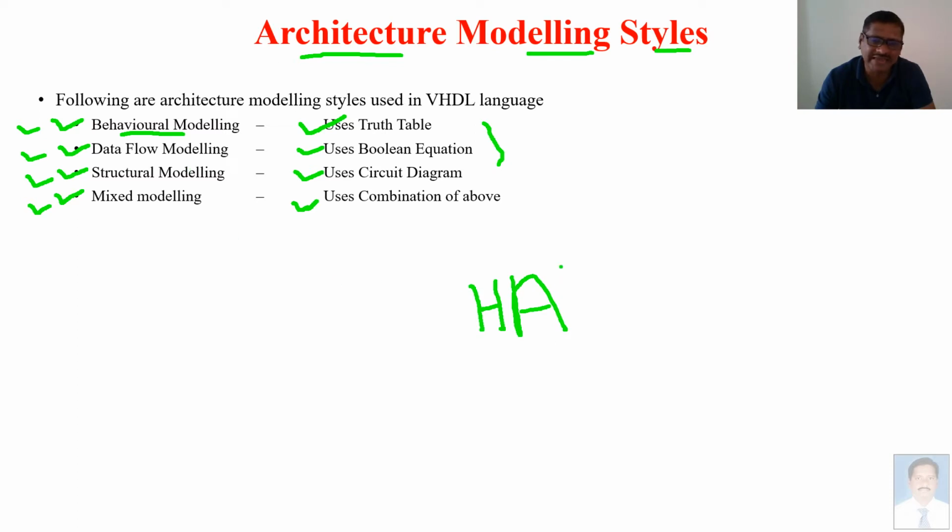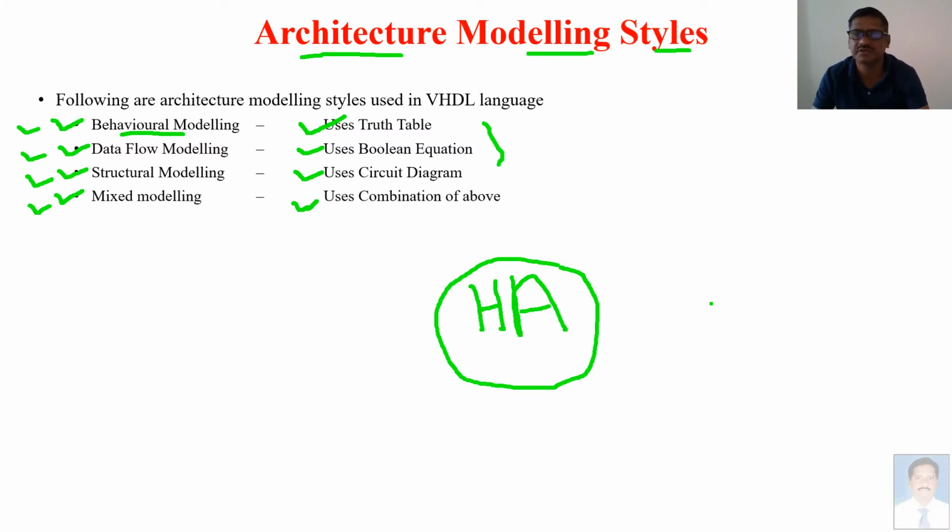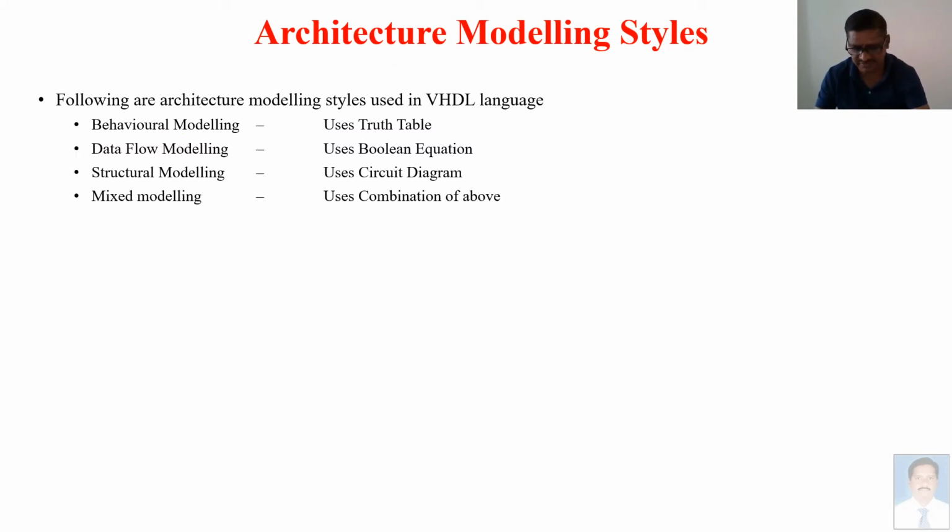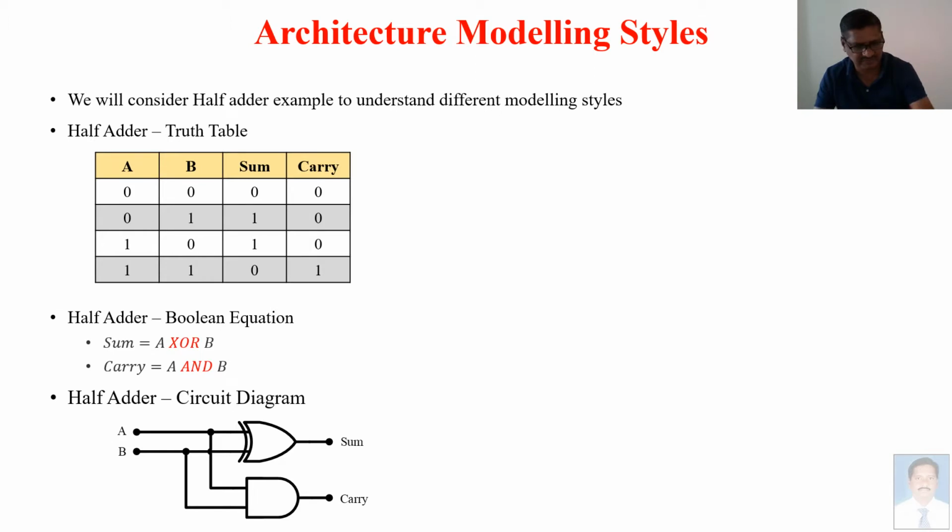Through these examples of the half adder, we will also understand how to use the architecture within a system after the entity declaration. We will consider the half adder example to understand the different modeling styles. I will take three things: the truth table of the half adder, the Boolean expressions of the half adder, and the circuit diagram of the half adder.